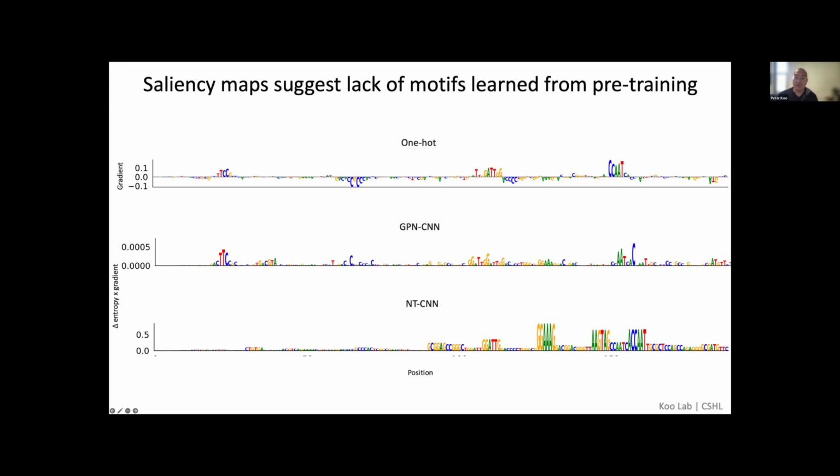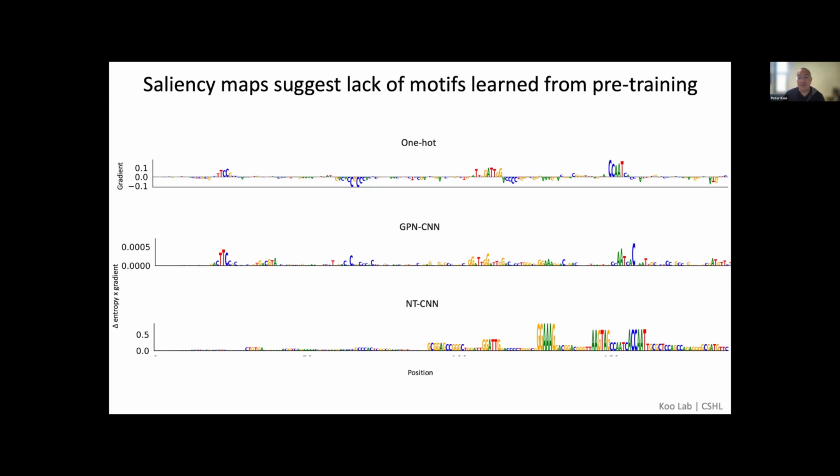Here, we basically multiplied the CNN gradients with the entropy term to scale the token level attributions. Now, the GPN CNN combo seems to better reflect the motifs. There's some overlap with the one-hot CNN saliency maps here. However, nucleotide transformer, which deals with sixmers, is still challenging to interpret.